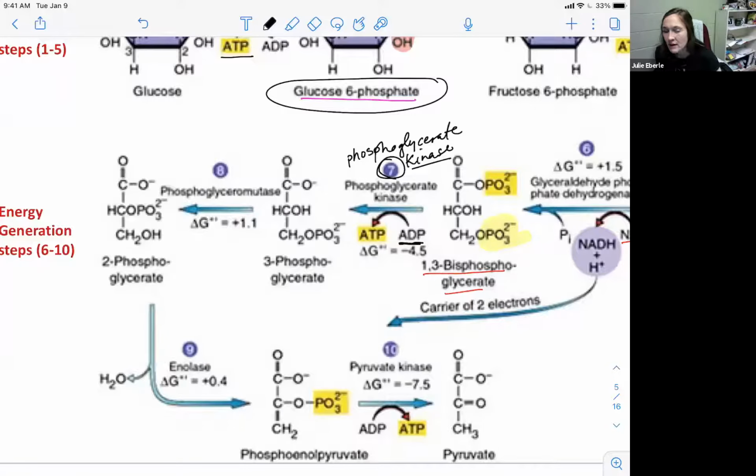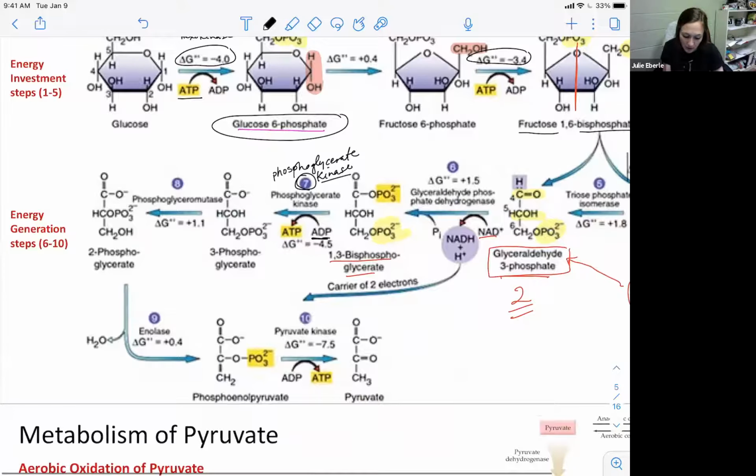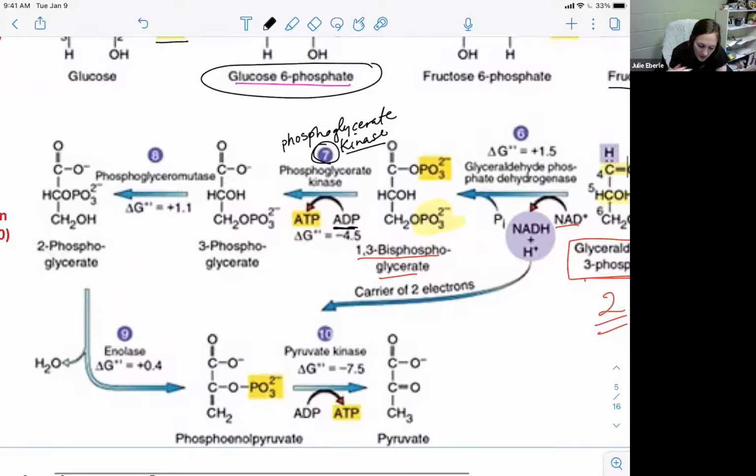Now remember, this is done twice because we're running 2 molecules of glyceraldehyde 3-phosphate through this cycle. So we'll get an ATP on step 7 for each glyceraldehyde 3-phosphate that's run through these steps, okay? Step 7's leftover product is known as 3-phosphoglycerate.